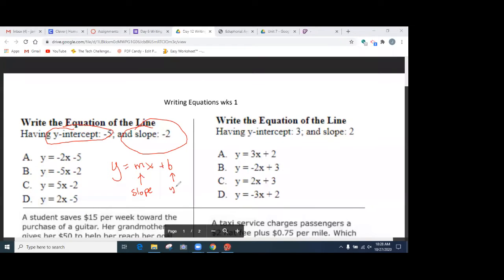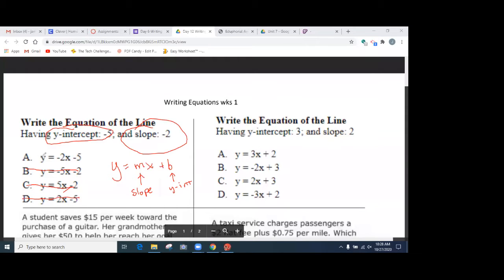So I want you to focus only on the slope real quick. That's the only one I want you to care about right now. Slope always goes where? X. Which of these puts a -2 in front of X? A does, B doesn't, C doesn't, D puts a +2, but not a -2.